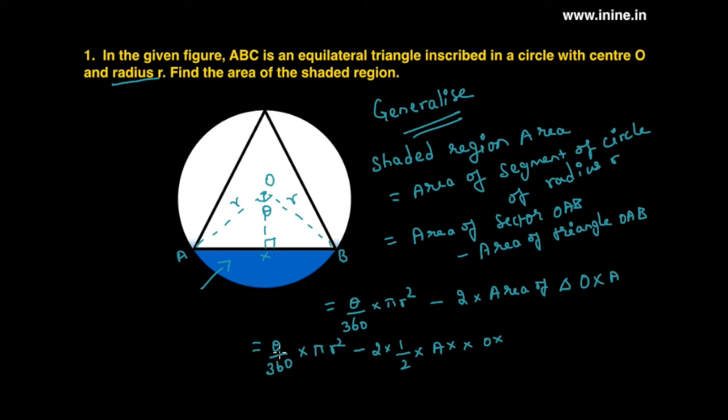Now we need to find the value of theta to get the final answer. How do you do that? The only clue we have is that this is an equilateral triangle.